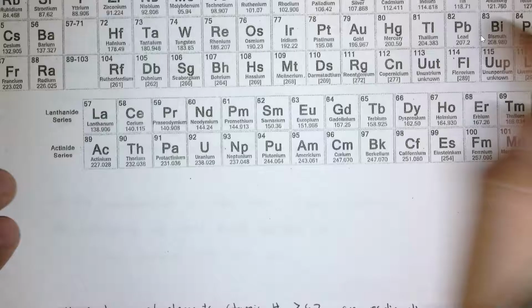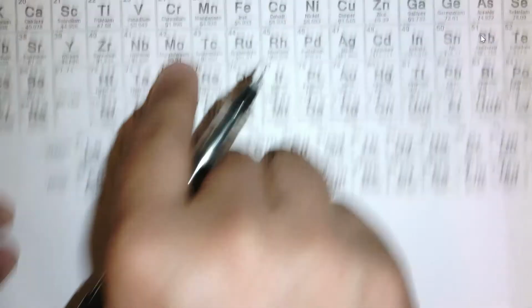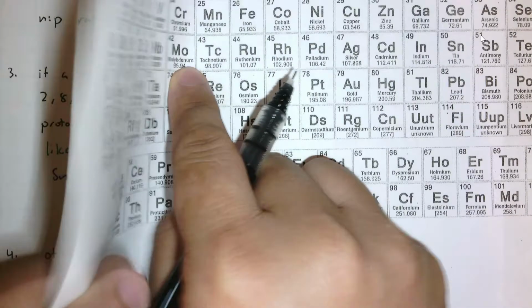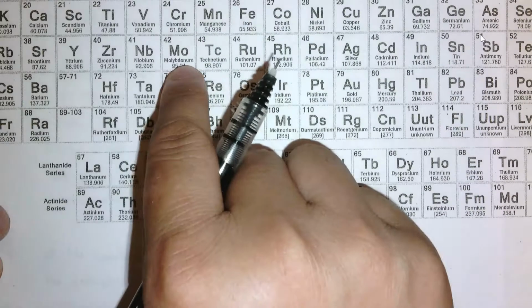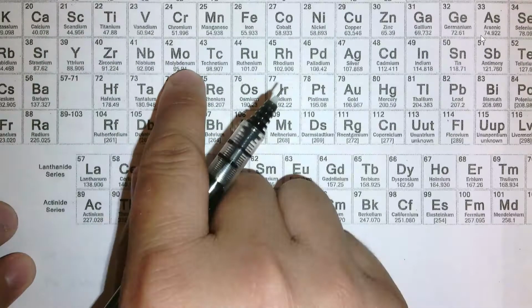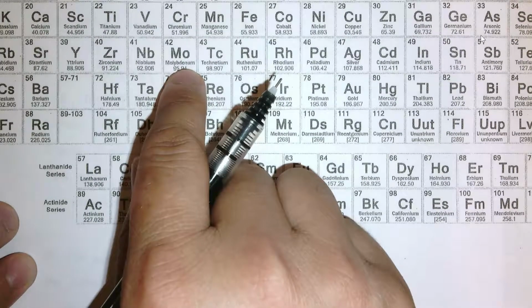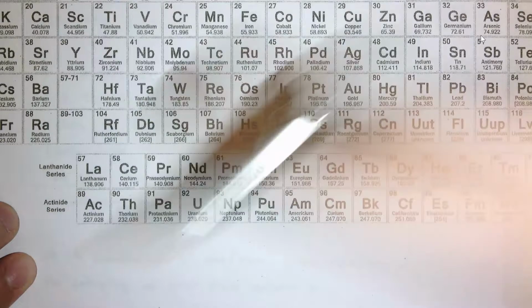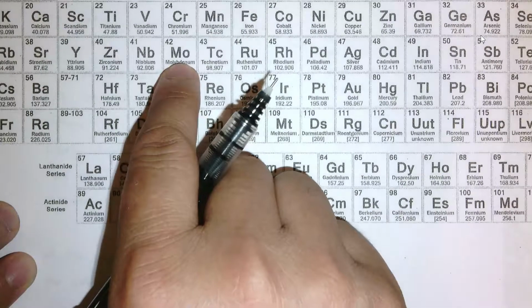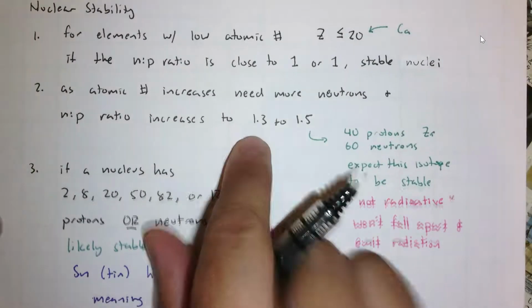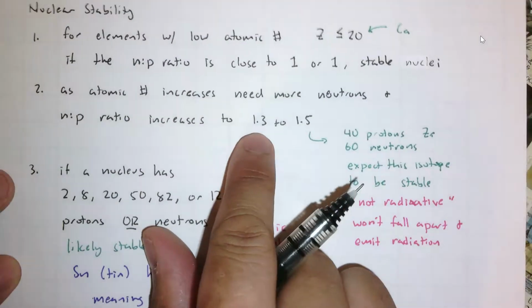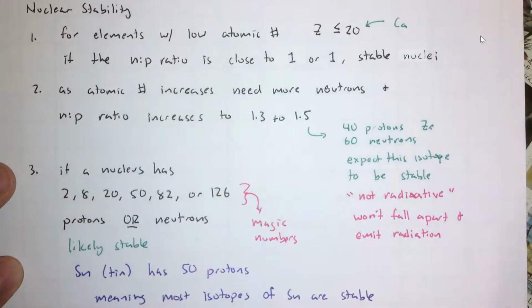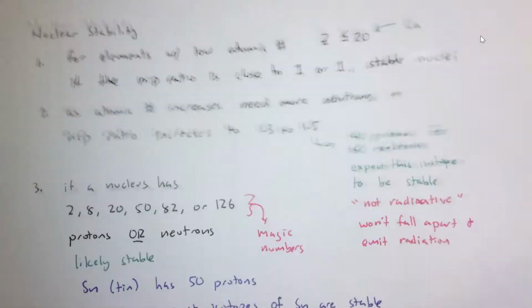But let's take, for instance, molybdenum, Mo, 42. 42 is not a magic number, but if it has a high neutron to proton ratio, then isotopes of molybdenum with a high neutron to proton ratio would be stable. So where's this cutoff? How do we know what the ratio of neutron to proton should be for a nuclei to be stable? That comes from something called the belt of stability.